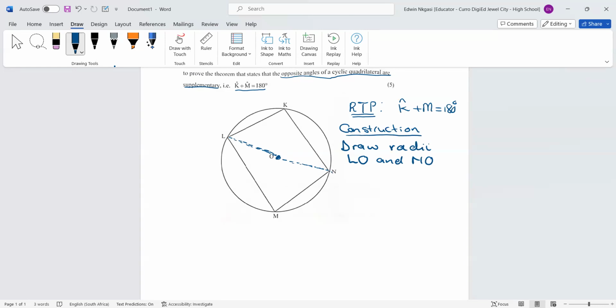Let me just indicate: the angle at the center is on this side, and the angle at the circumference is that one. So you can see we have created that knowledge, and that's that theorem.